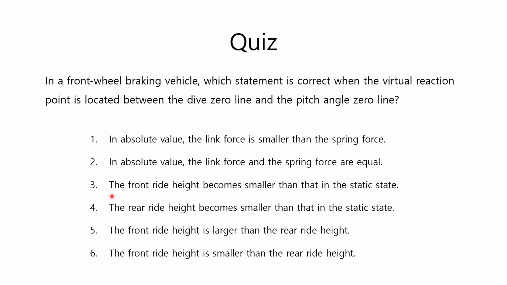Number 3. The front ride height becomes smaller than in the static state. Number 4. The rear ride height becomes smaller than in the static state. Number 5. The front ride height is larger than the rear ride height. Number 6. The front ride height is smaller than the rear ride height. Please select the one correct answer from these 6.